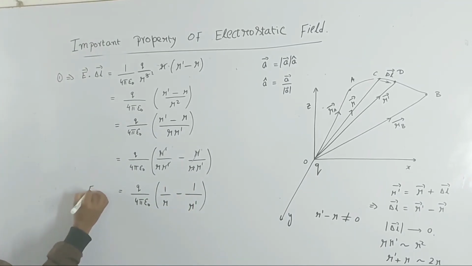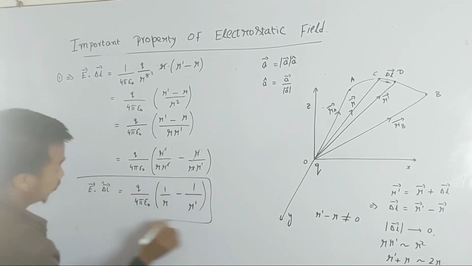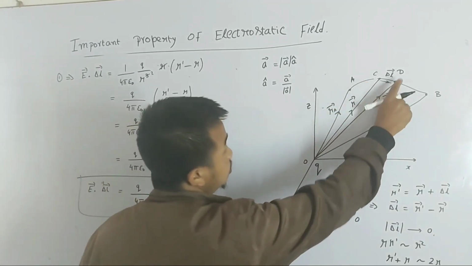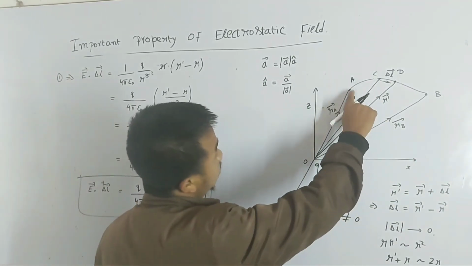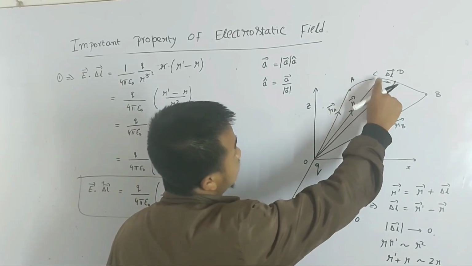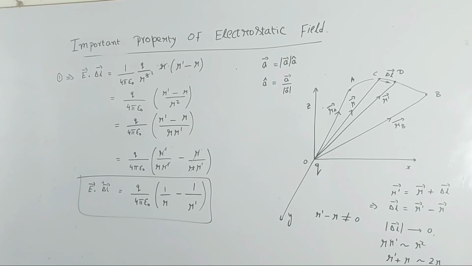So this is the dot product of E dot delta L for this interval C to D. Now, if we add them all, from A to C, then C to D, then from D to B, that is the total integration.